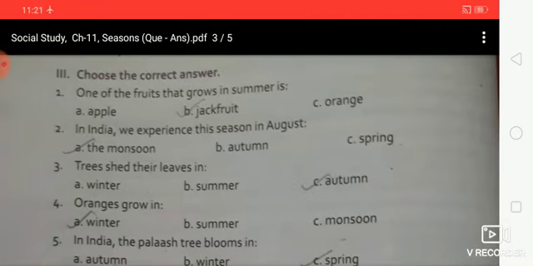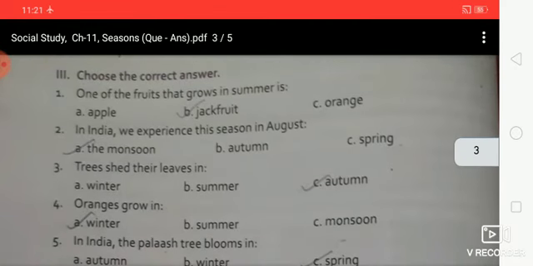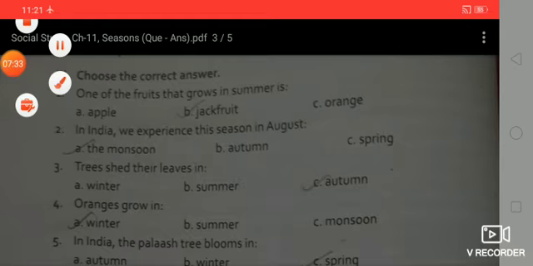The first one: one of the fruits that grow in summer is option A, apple, option B, jackfruit, or option C, orange.